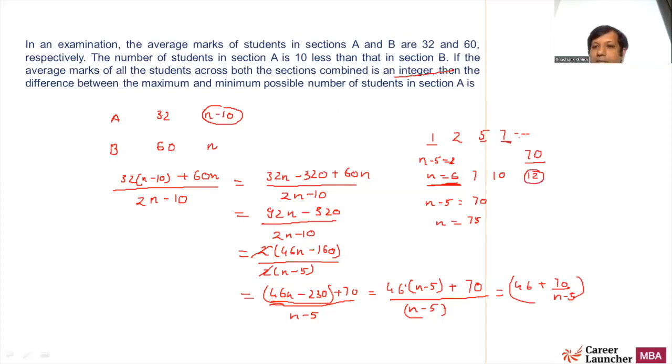Now n is moving from 12 to 75. So the maximum possible value is 75, smallest possible value is 12. So what is the difference of maximum and minimum possible value? That's going to be 63, and that's going to be the answer of this question.